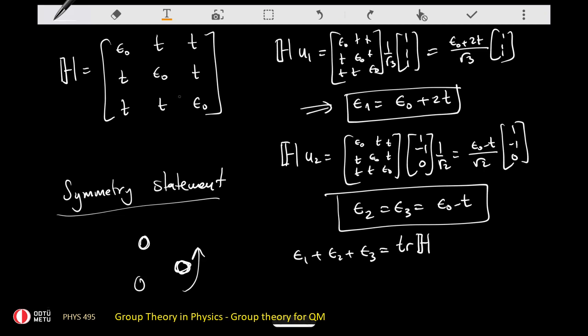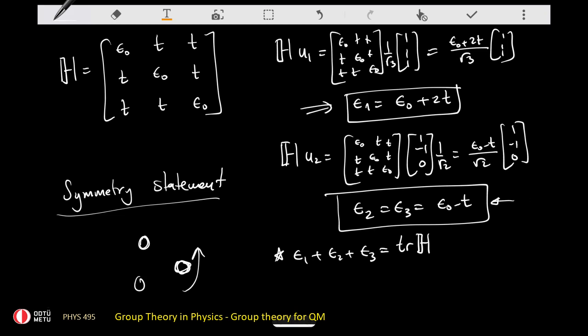Since we know that the trace is 3 epsilon 0, once I have found epsilon 1, I didn't need to do the second computation, because from the trace rule, that was the only possibility. That's something that you can see. So that's one comment. Sometimes you may do these kinds of shortcuts in the solution of your problems.